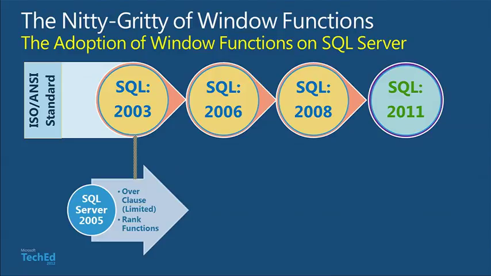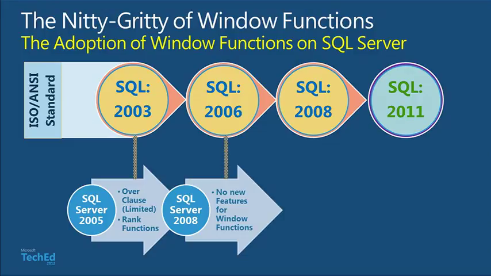Microsoft SQL Server's window function adoption is pretty much in line with the SQL Standard releases. In SQL Server 2005, window functions were introduced, so the OVER clause came with limited functionality. In SQL Server 2008, actually nothing is new. It's exactly the same as SQL Server 2005.